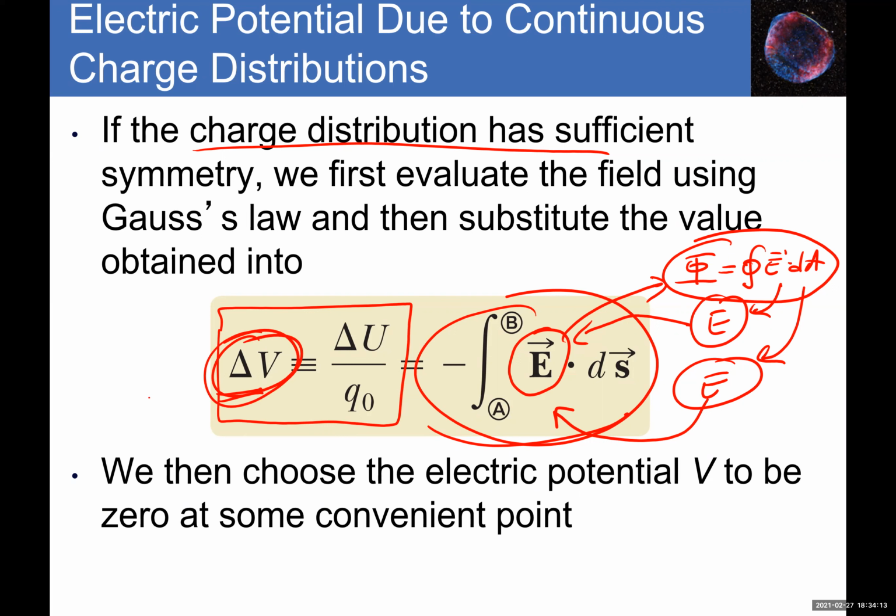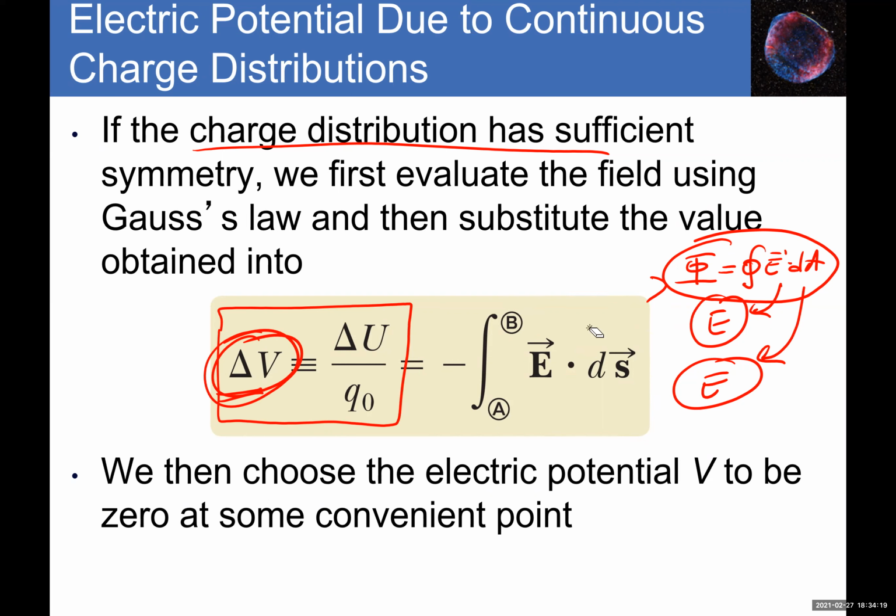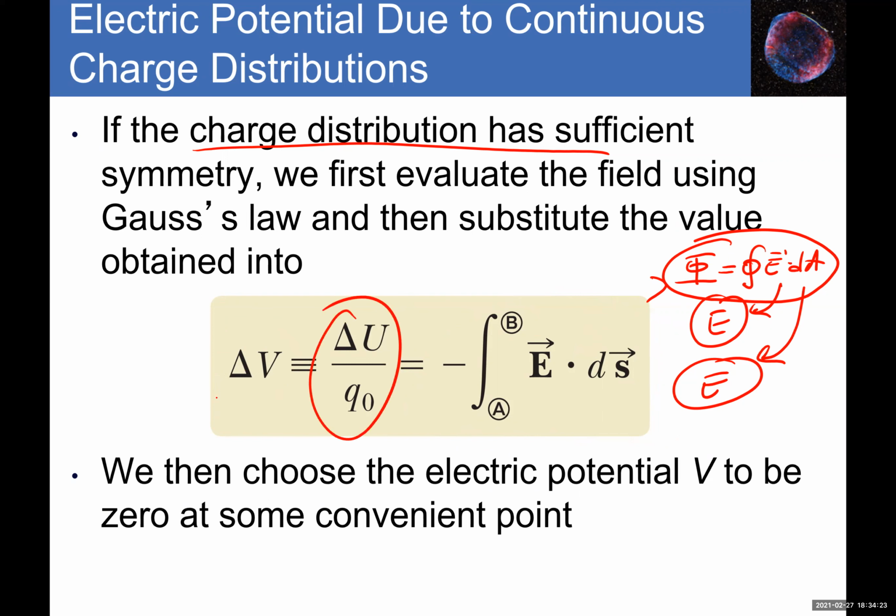So obviously, it depends completely on the type of problem we have and what it is asking. But those are our main equations. So let's say we have potential, which we can find from this ratio of potential energy per unit test charge, or from this integral, where a lot of times the electric field we can find using Gauss's law.